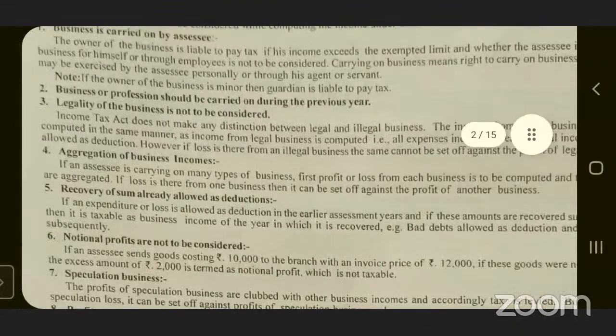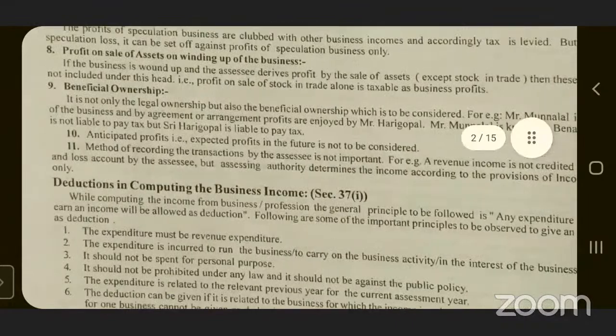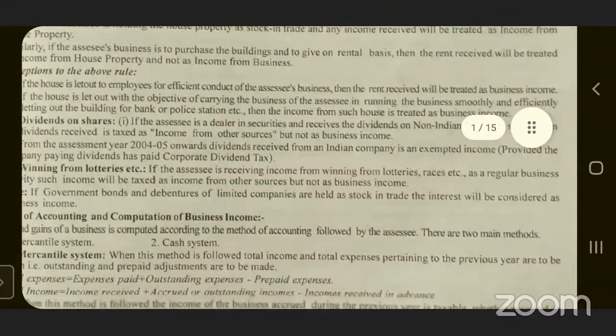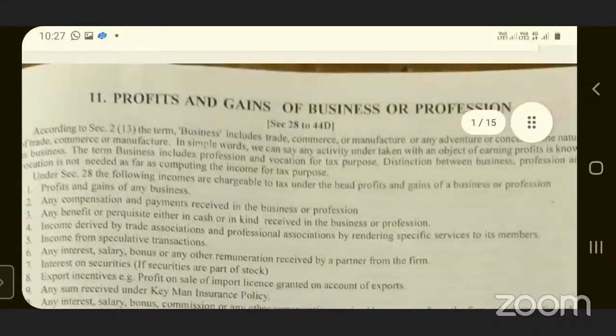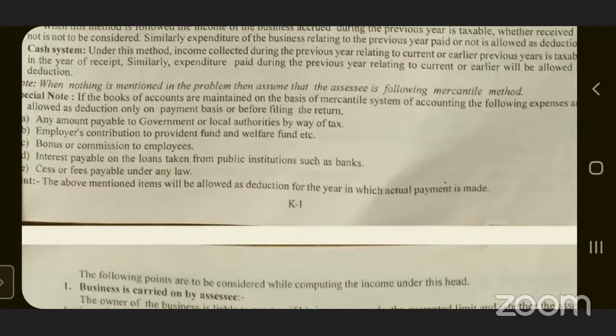Then profits are aggregated. If any loss is occurring from any one business, that can be set off against the profit of another business. That is called aggregation of business incomes. So these are a few rules regarding computation of taxable income under this head. Means what are the important points we should keep in mind?